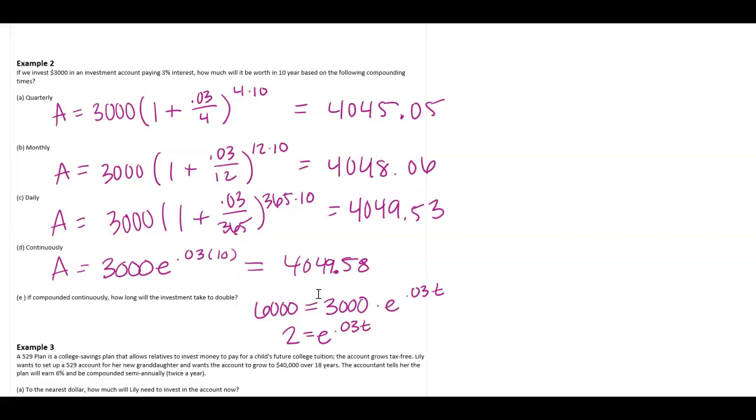I would solve this by taking the natural log of both sides. So I would get the natural log of 2, and that undoes the e, so I get 0.03 t. Then I'll solve this for t by dividing by 0.03. All right, so t is about 23 years.